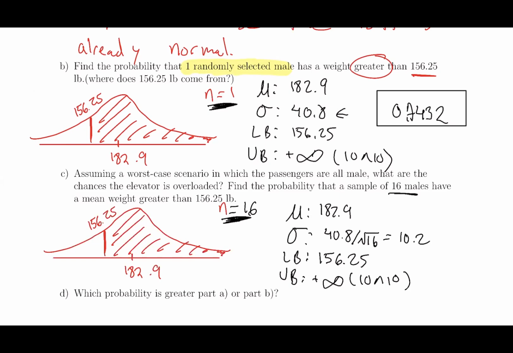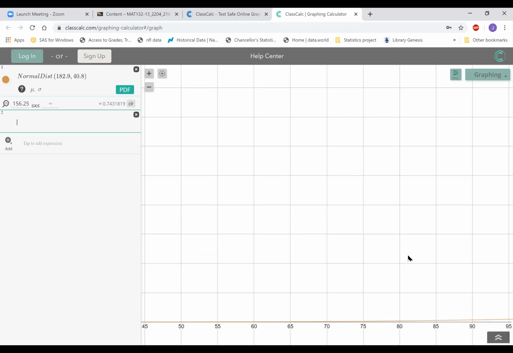Okay, so let's go over to Class Calc. The only thing I have to do is change the 40.8 into a 10.2.